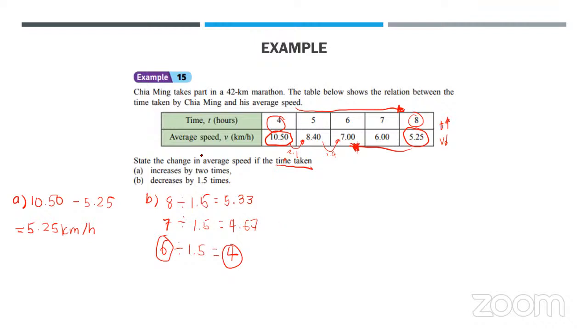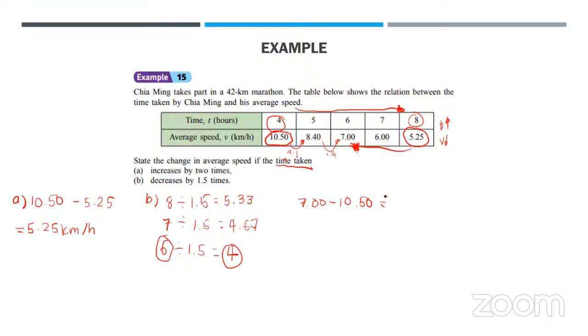So we can take both of those two. Now we want to state the change in average speed when it decreases by 1.5 times. So it goes from 6 to 4. That means you go from 7 to 10.5. So instead of 10.5 minus 7, you now take 7.00 minus 10.50.